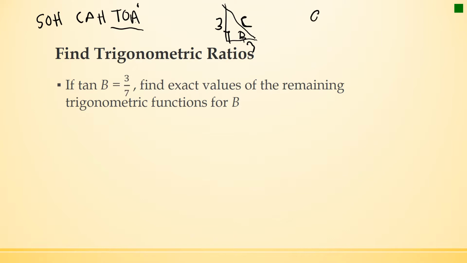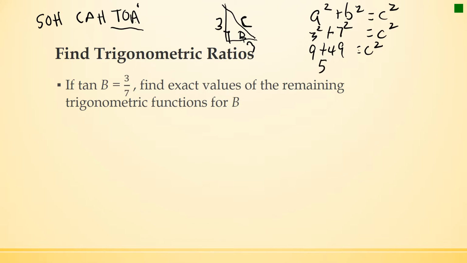So our Pythagorean theorem is A squared plus B squared equals C squared. So then we've got 3 squared plus 7 squared equals C squared. 3 squared is 9, and 7 squared is 49. 9 and 49 is 58, equals C squared.